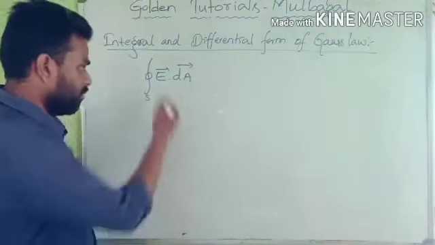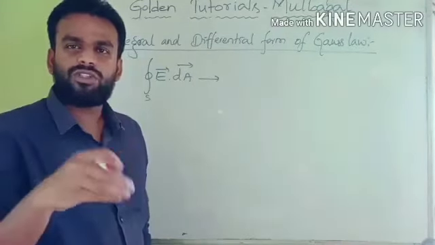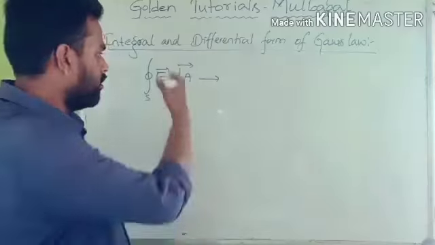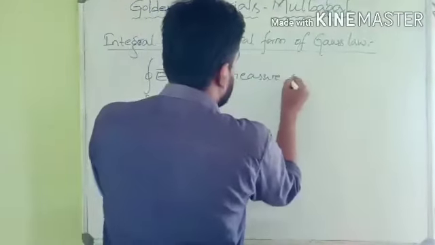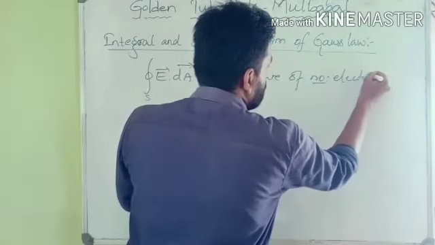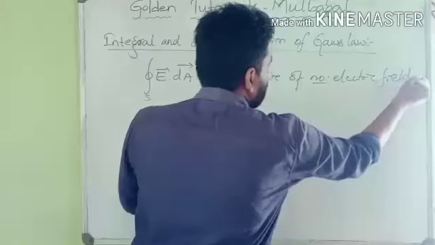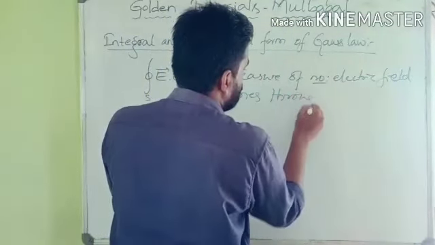Okay. Now, if you determine this integral for any closed surface which is enclosing a certain amount of charge, then it is nothing but a measure of the number of electric field lines through that surface.